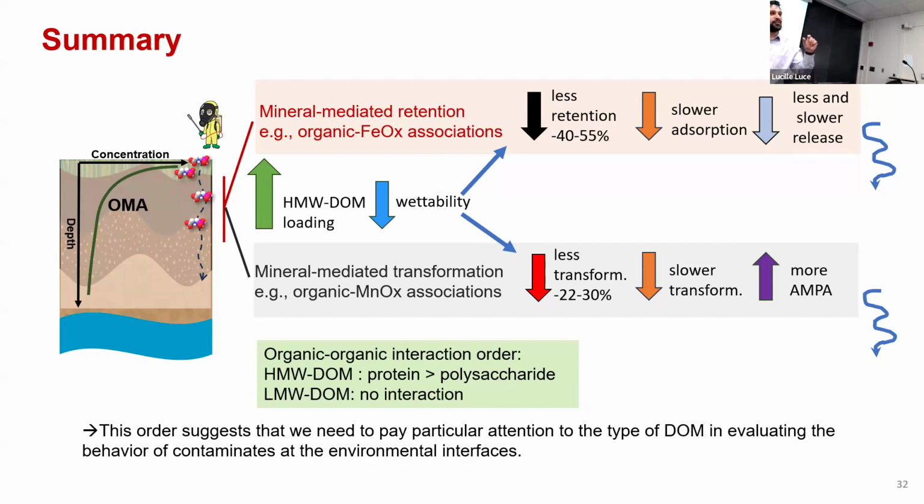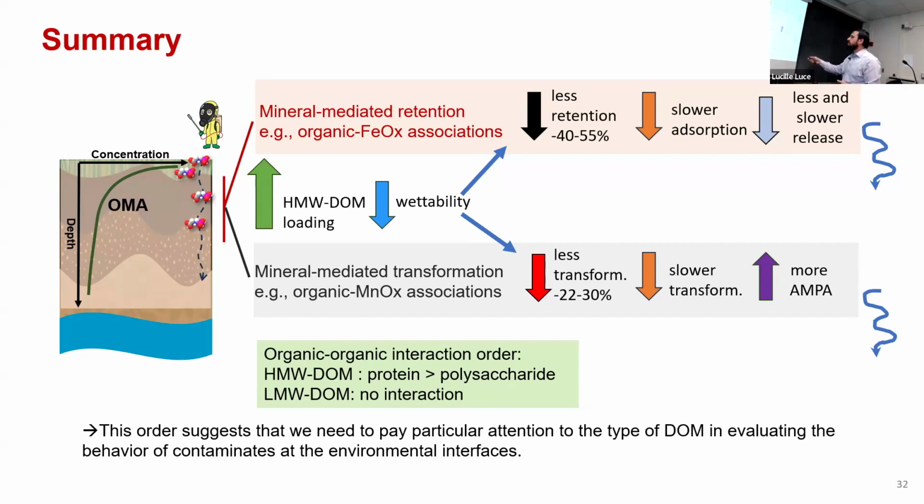Another bonus thing I want to share is about the organic-organic interaction order between glyphosate and those high molecular weight and low molecular weight DOMs. Based on NMR studies, high molecular weight protein is much stronger at making non-covalent or hydrogen bonding to glyphosate compared to peptide. And there is no interaction between a low molecular weight molecule like peroxide and glyphosate.